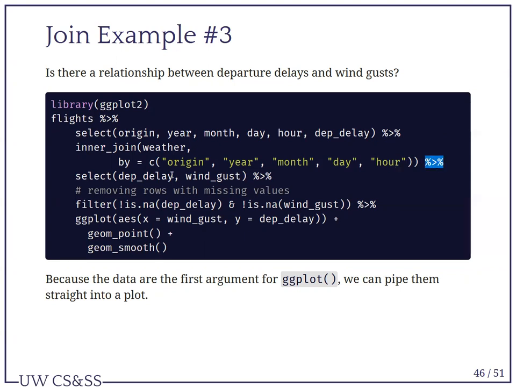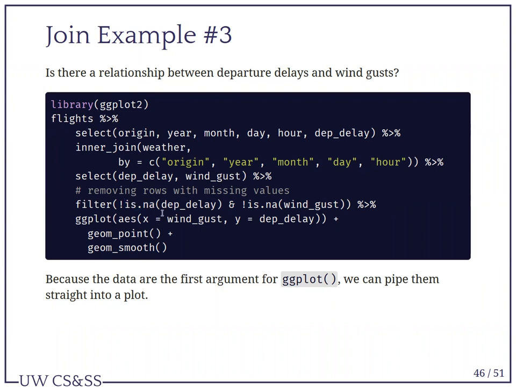And then we're going to select just the departure delay and the wind gusts. And then, and this line's cool, and you'll probably be using this a lot moving forward, is filter to get rid of NAs. You'll recall I said you can't use a logical expression to deal with NAs. There's actually a function for this. It's called is.na.